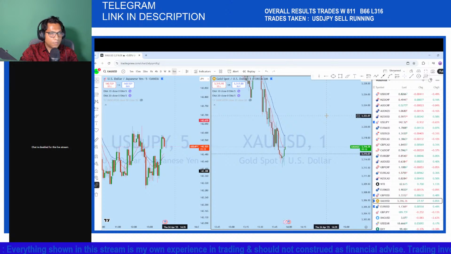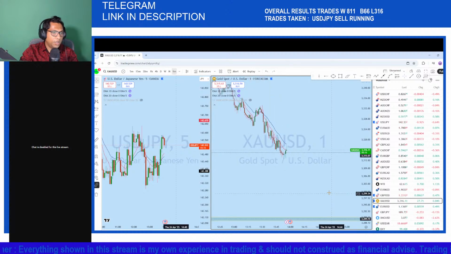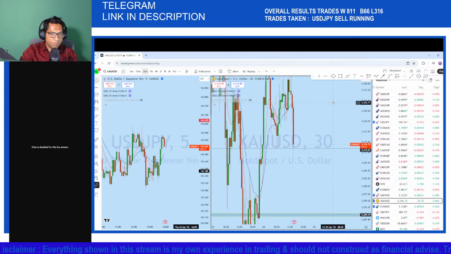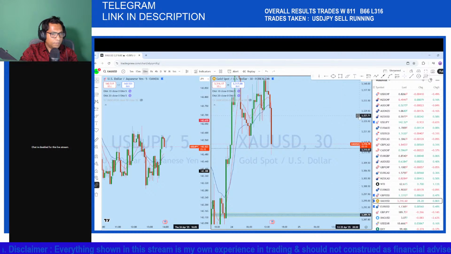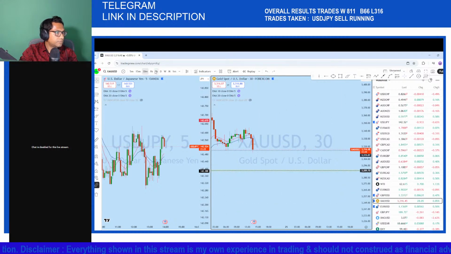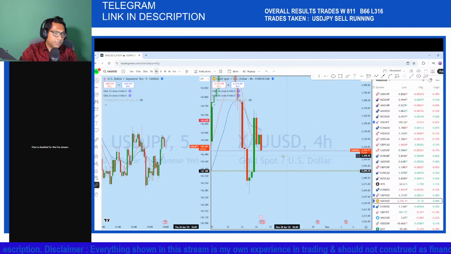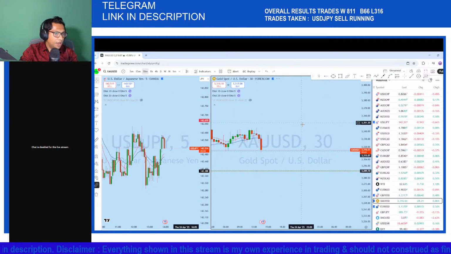Okay, so getting some long wick rejection here. We see there is a 4-hour candle close coming. This is a bearish engulfer.